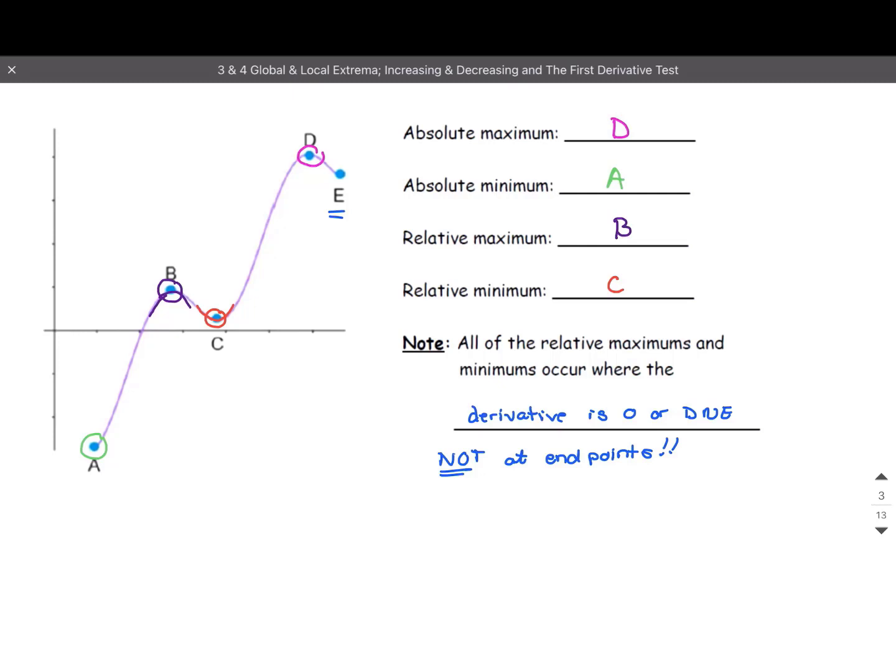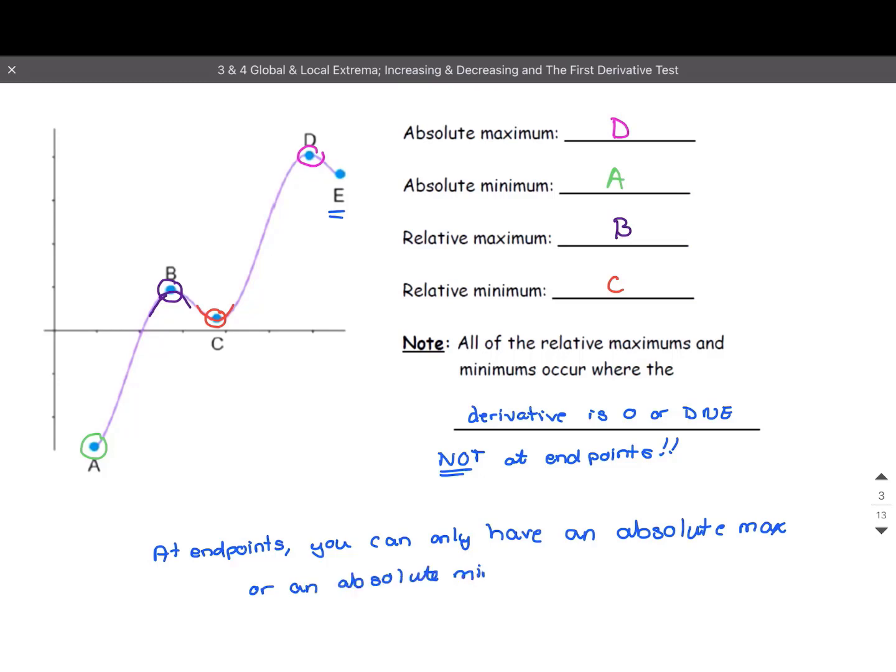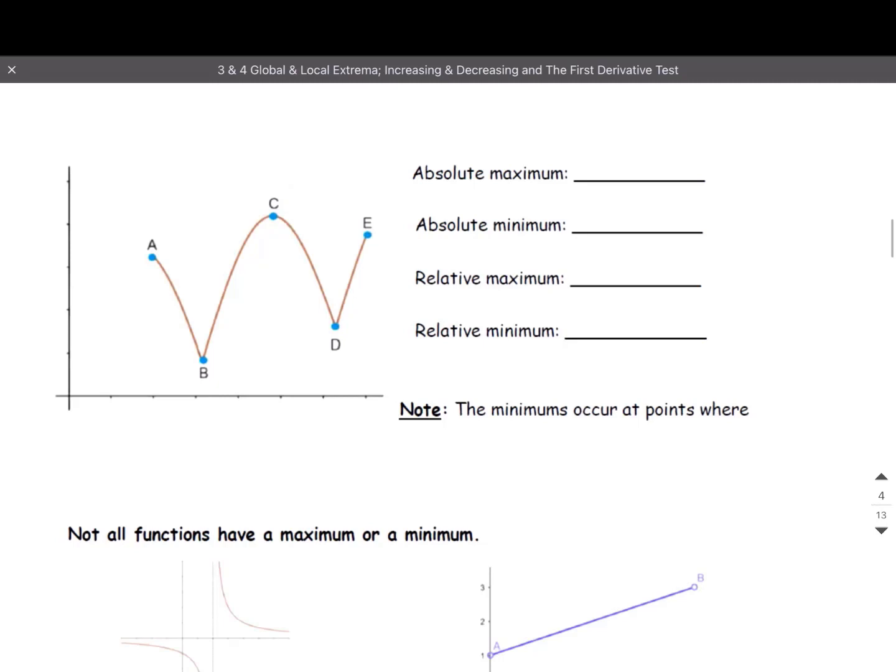At the endpoints, you can only have an absolute max or an absolute min, no relative maxes and mins, because relative maxes and mins are turning points, and you're not turning at an endpoint. It's stopping.